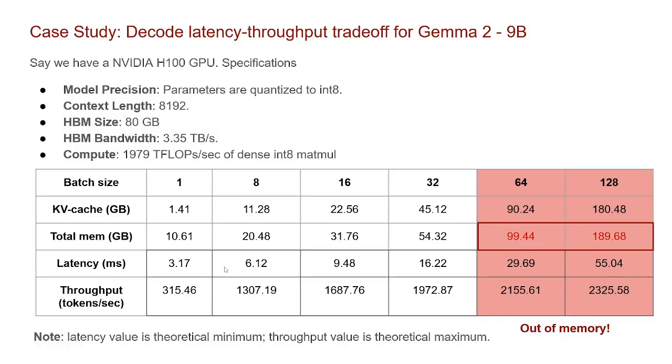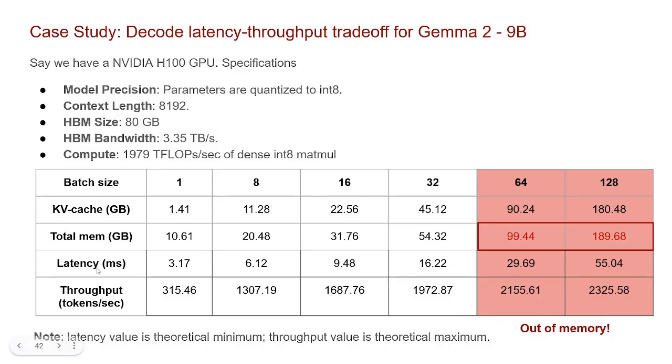The latency numbers we derived from the formula which we saw earlier, and we see that it keeps on increasing with the batch size, which is consistent with what we may have reasoned from the formula. The throughput as well is increasing with respect to the batch size.